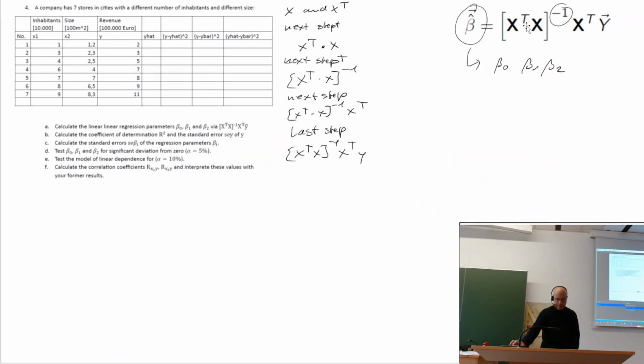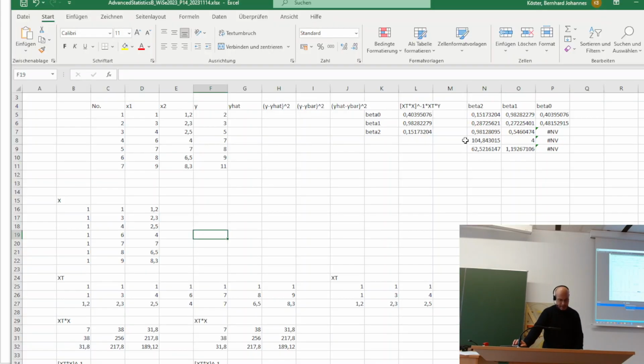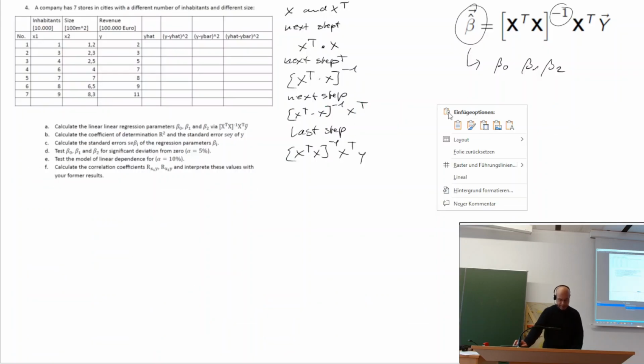So we have to identify what is our matrix X, we have to invert it, and then afterwards multiply this with the transposed and with the output vector Y, and with this we then obtained our result for our three values, beta.